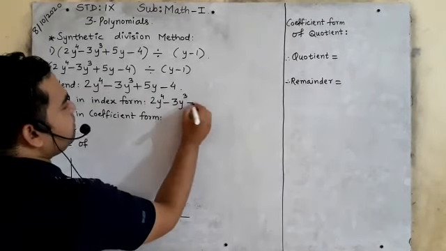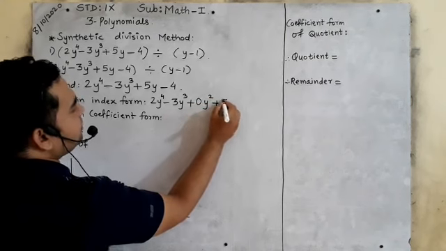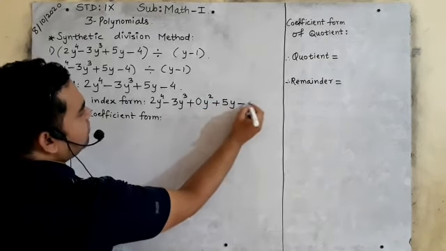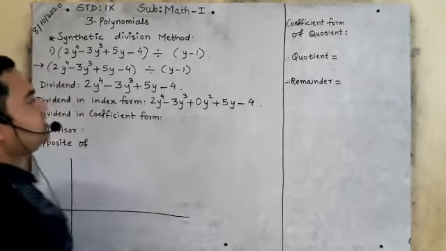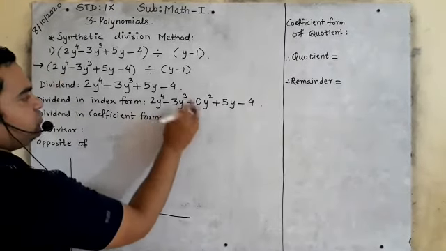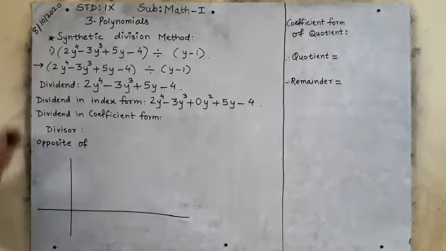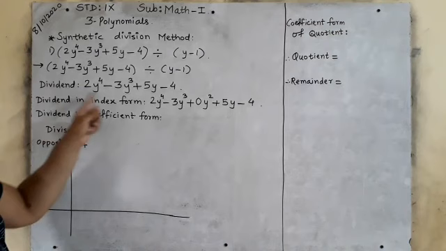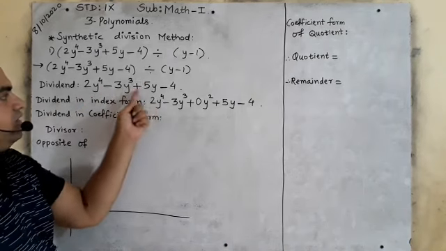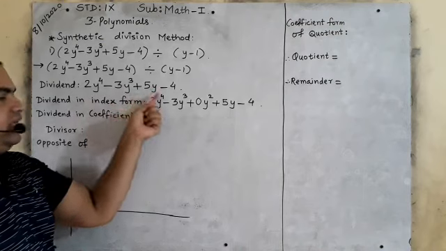So I will use plus 0y raised to square plus 5y raised to 1 minus 4y raised to 0. So this is in index form: y raised to 4, y raised to 3, y raised to 2, y raised to 1, y raised to 0. If some term is absent, we will use 0 and that particular variable.